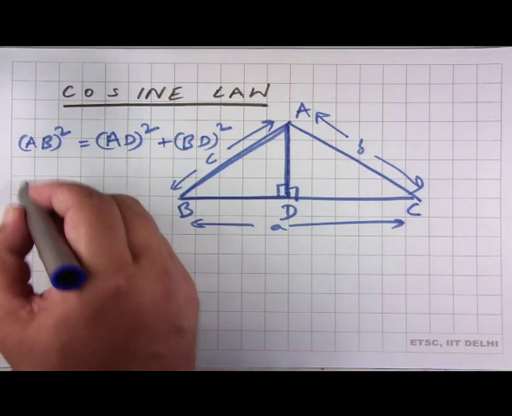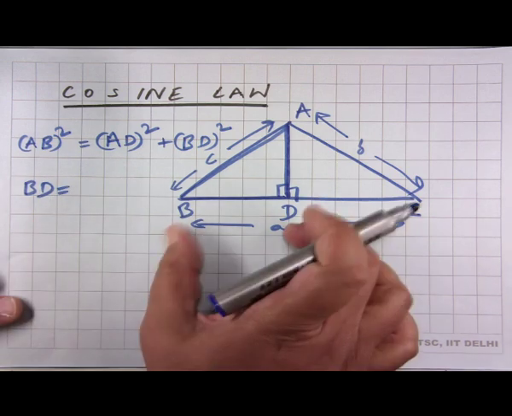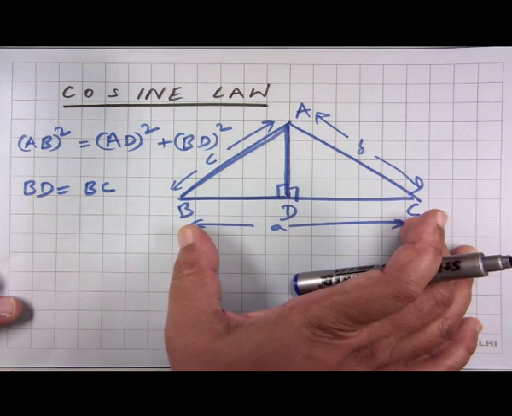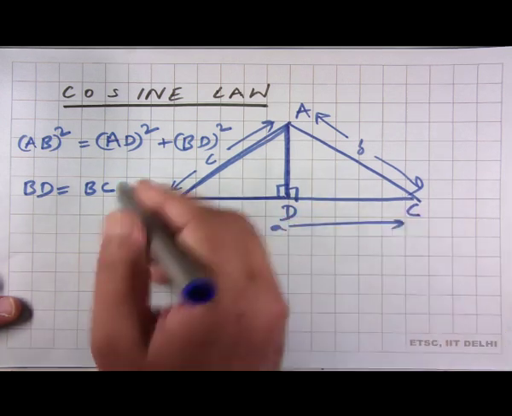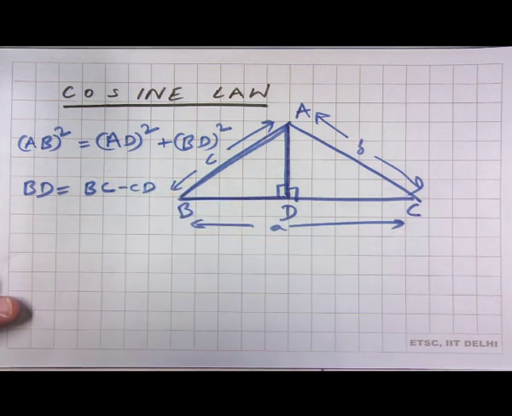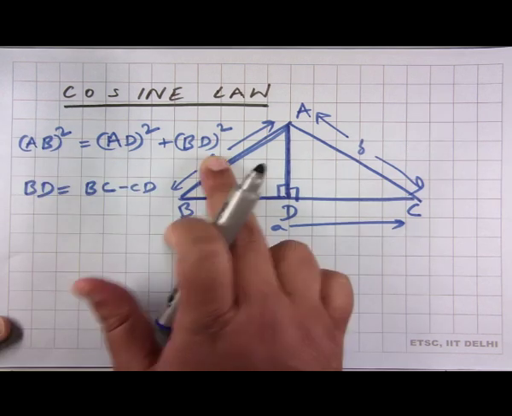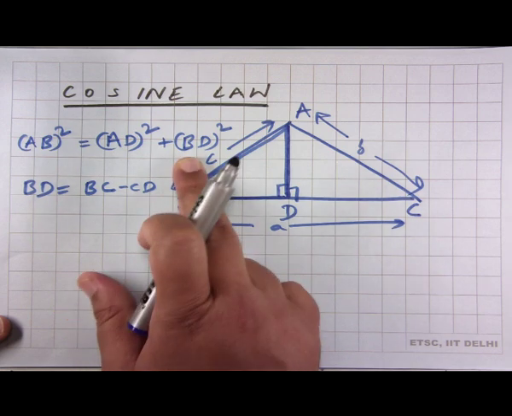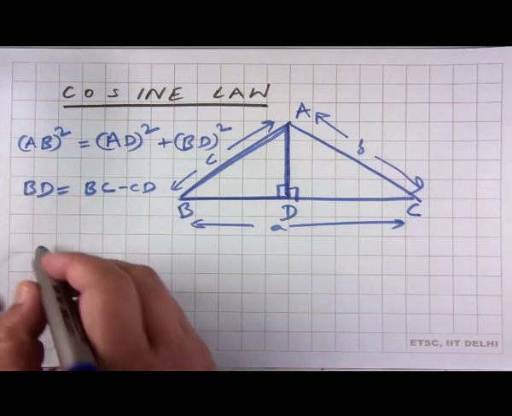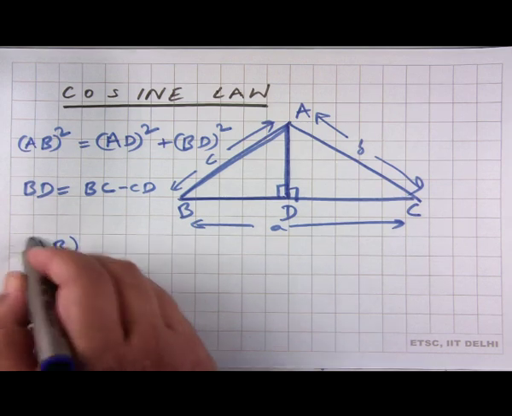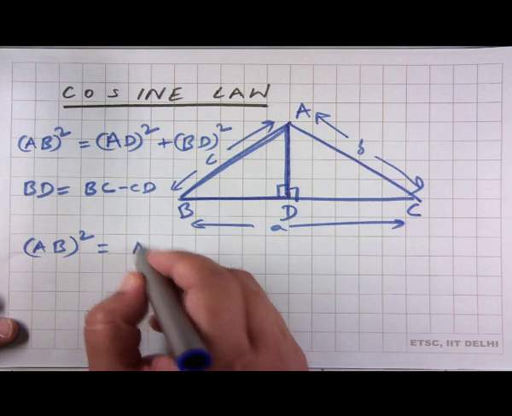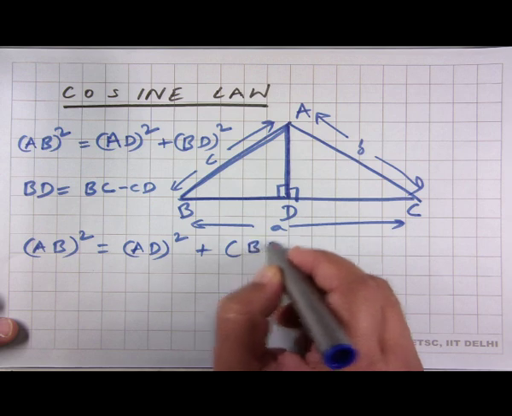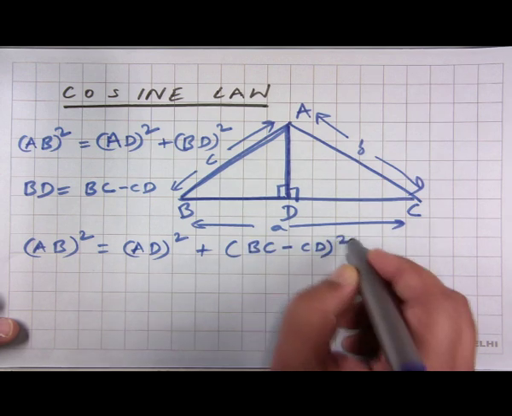But what is BD? BD is exactly equal to the whole length BC minus CD. So, in this equation we substitute BC minus CD in place of BD, and then we get that AB square is equal to AD square plus BC minus CD whole square.